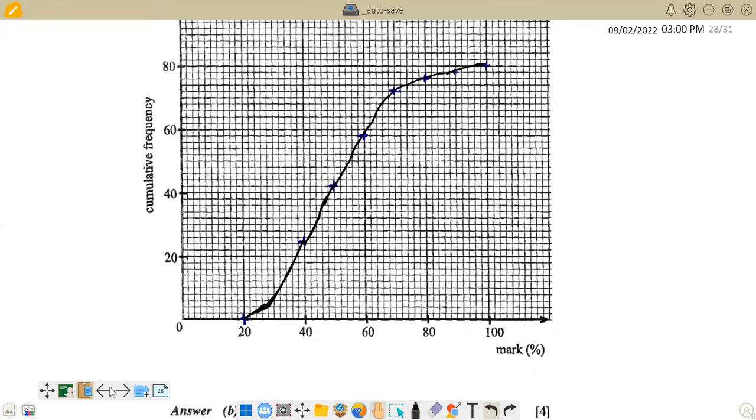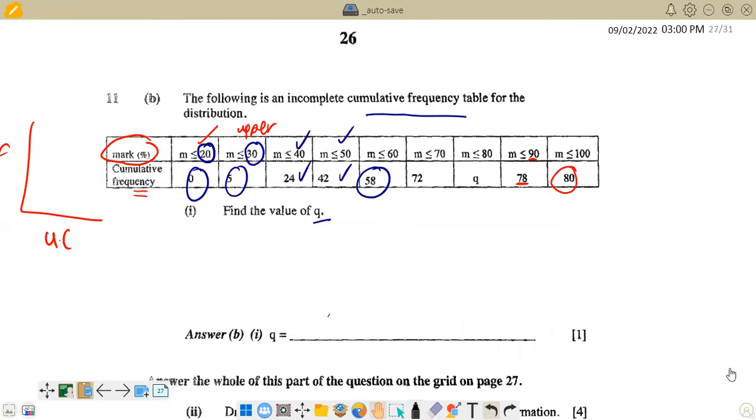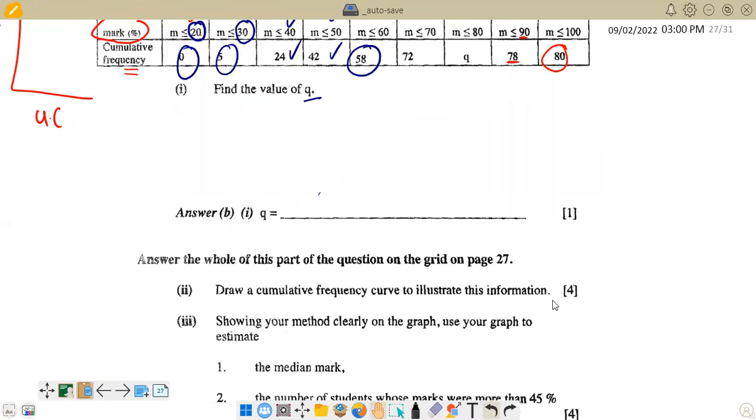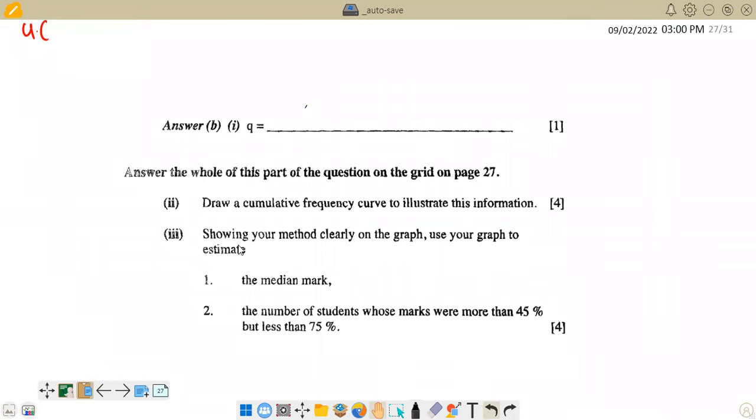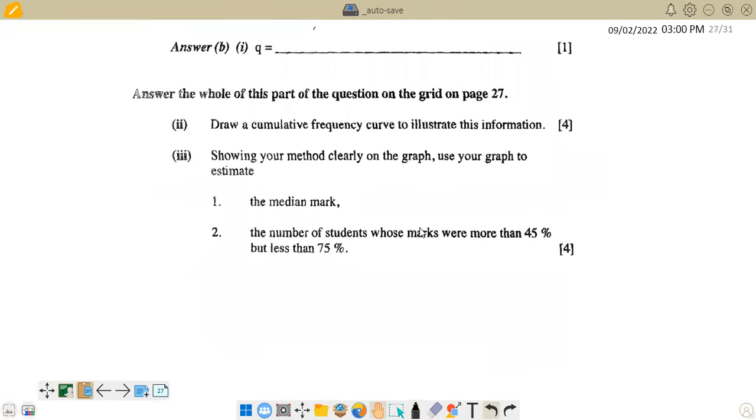Let's see the other question. What is it now, from this information, or from the cumulative frequency, because we have drawn our graph here? Then, showing your method clearly on your graph, use the graph to estimate the median. Remember that the median is half of the distribution. So we are going to have half of the distribution from that graph that we are given.